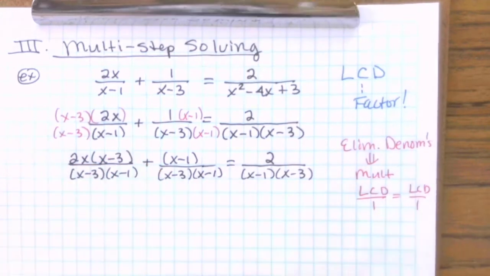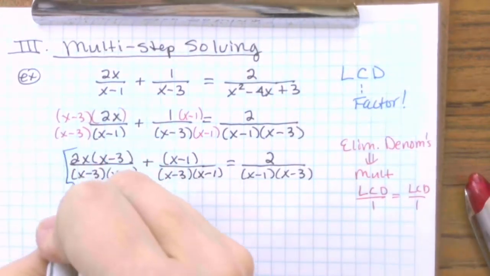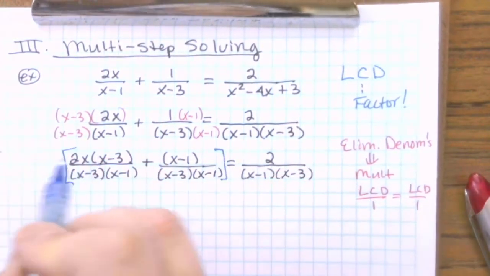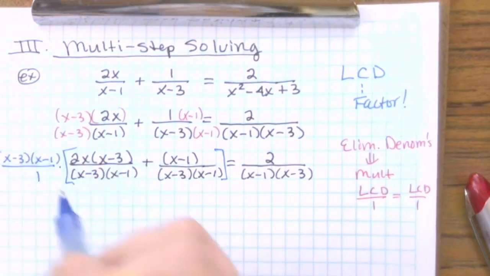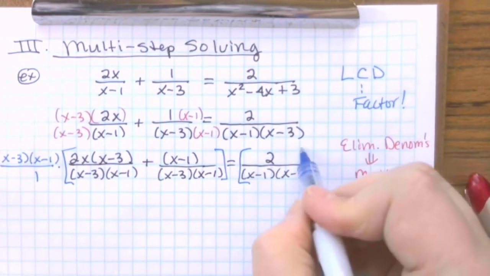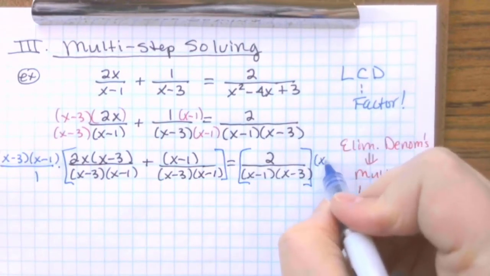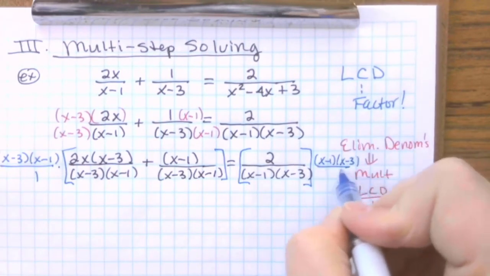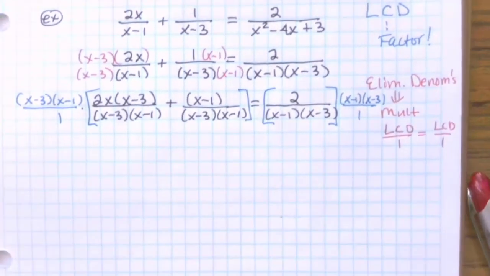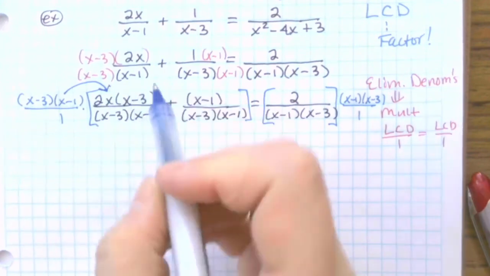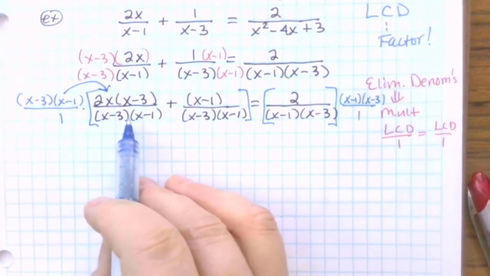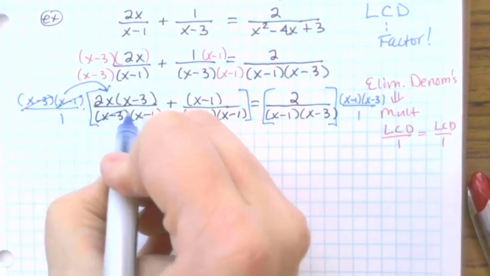So I'm going to take this entire left and multiply everything by x minus 3 times x minus 1 over 1. And I'm going to take the entire right, multiply it by the same thing. Sorry, that's getting a little small. That takes up some room. So on the left, when you multiply this times the first fraction, it cancels out.